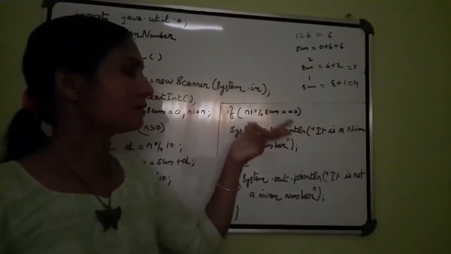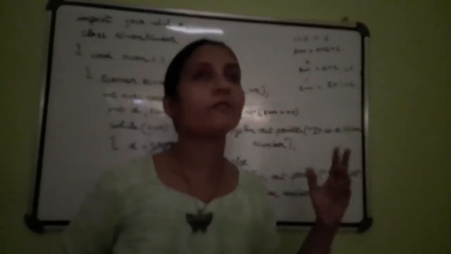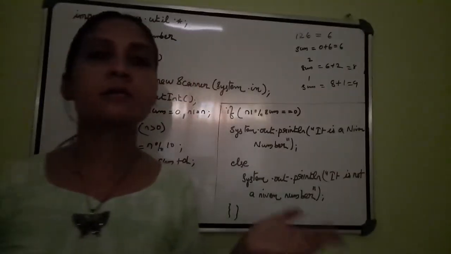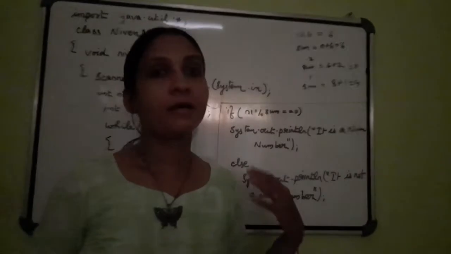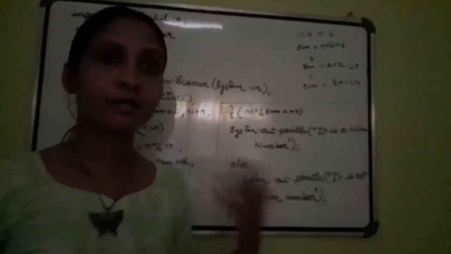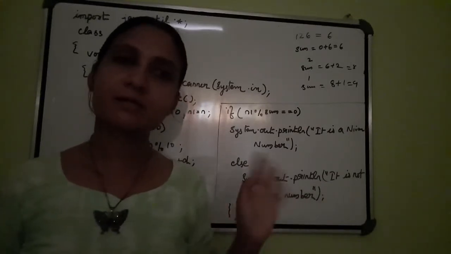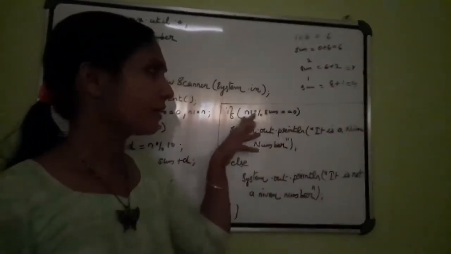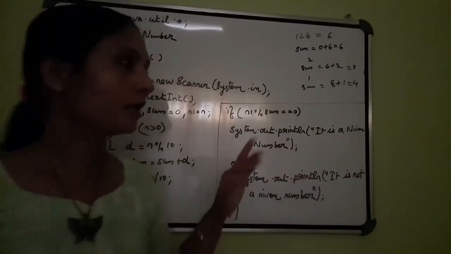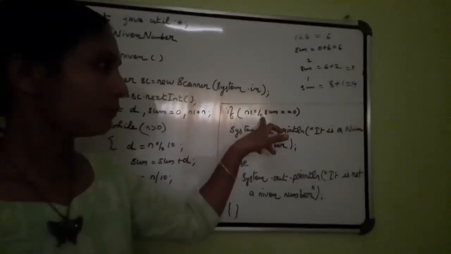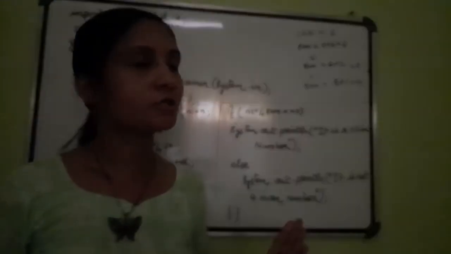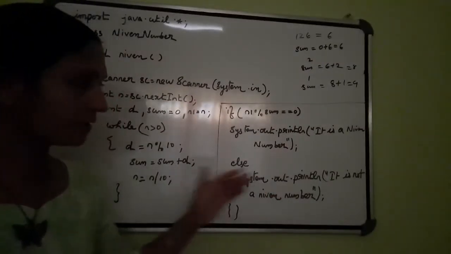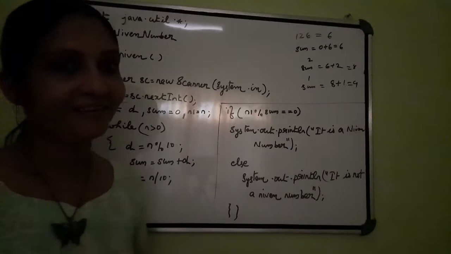Just remember that if you want to check whether a number is divisible by another number, we use the mod operator and equate it with 0. If you get 0 as the remainder, it is divisible. First is the number, then the mod operator, then sum double equal 0. Then if the condition is true, we can say it is an even number. Otherwise, it is not an even number.